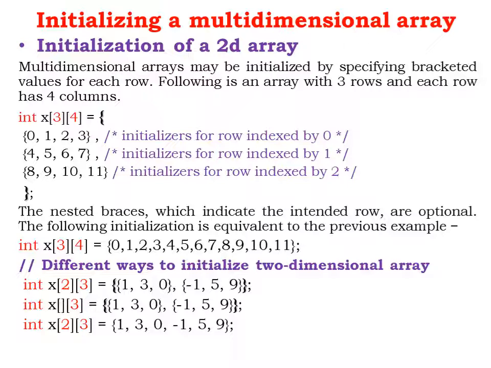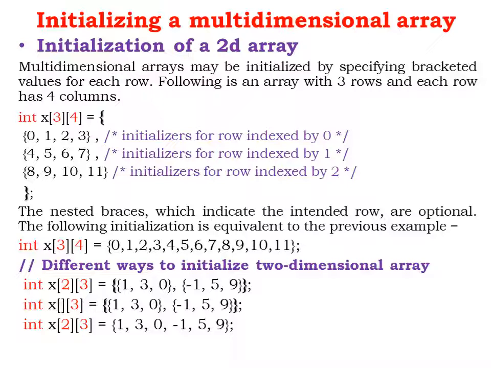As there are 3 rows and 4 columns, in total I am able to store 12 elements in this array. So I have entered all the elements separated by commas in curly brackets ending with a semicolon. So this is one way of initializing a two-dimensional array.